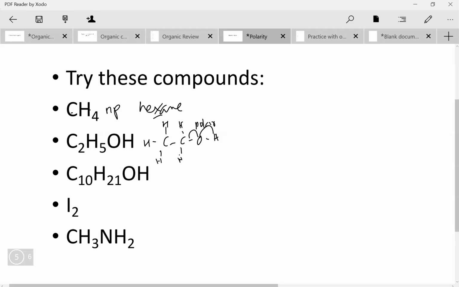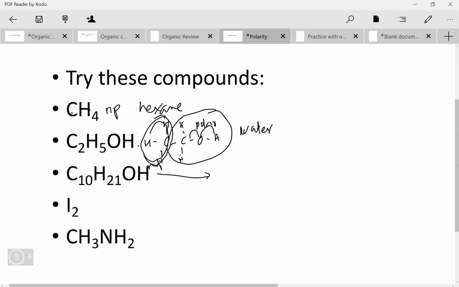Because a small bit of it is nonpolar and a large bit of it is polar, this will most likely dissolve in water, because there are more polar than nonpolar parts. It's not really an exact science, but that's the way we're going to think about it, right? There's a small nonpolar bit and a large polar bit, so it's going to dissolve in polar, as in water.